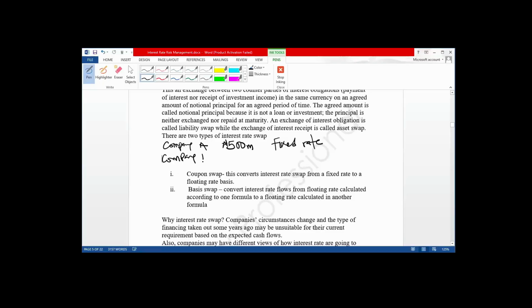Company B also plans to borrow 500 million at a floating rate.